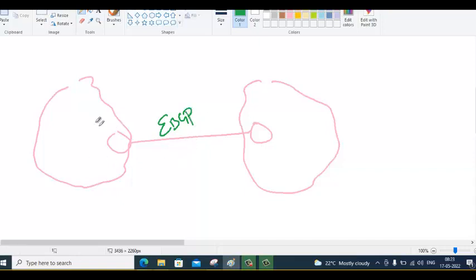Customer has got various networks inside, let's say 1.1.1.1, 1.1.2.1, 1.1.3.1, like many networks inside his organization. This is the customer edge router and this is the provider edge router.